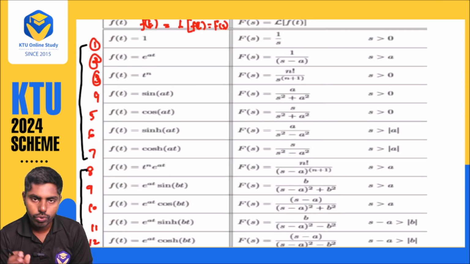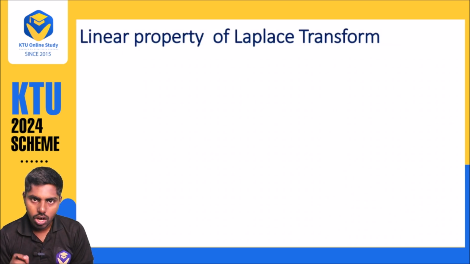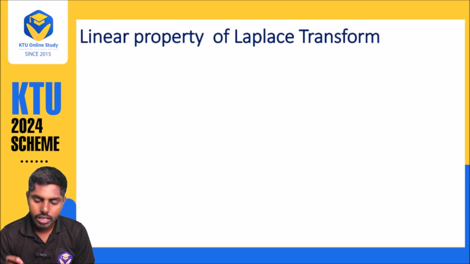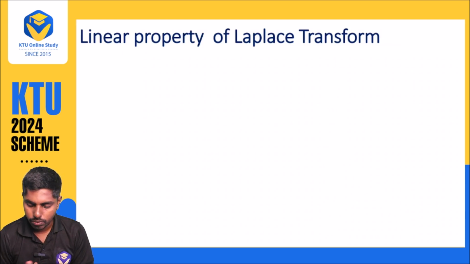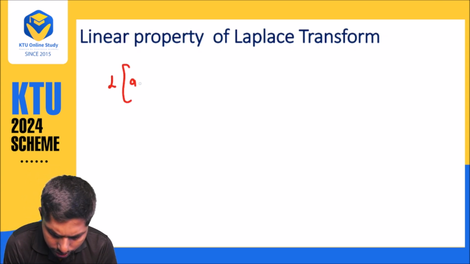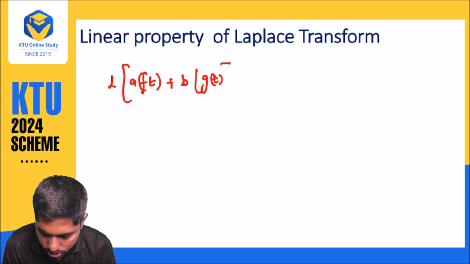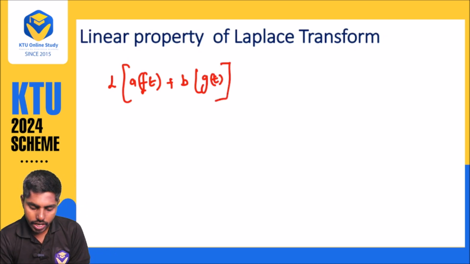The next new topic is linear properties of the Laplace transform. So what do you know about it? We write Laplace of a into f of t plus b into g of t.